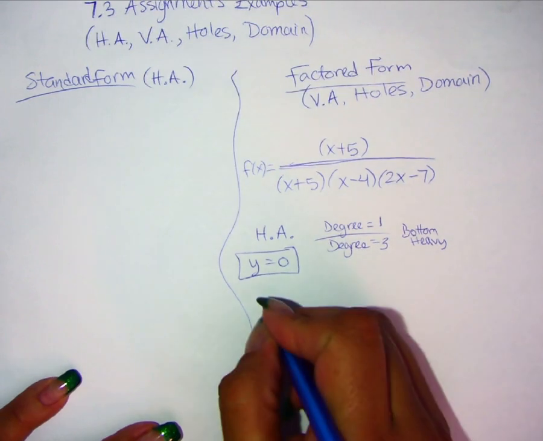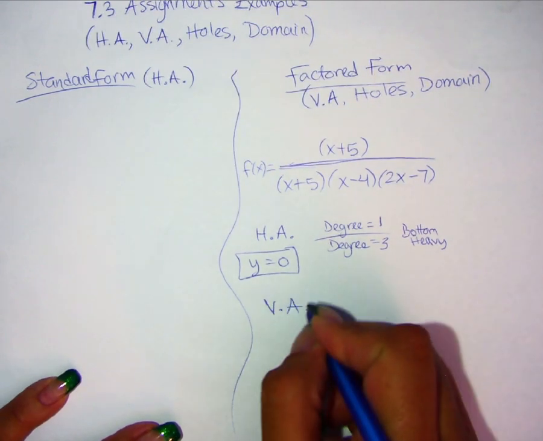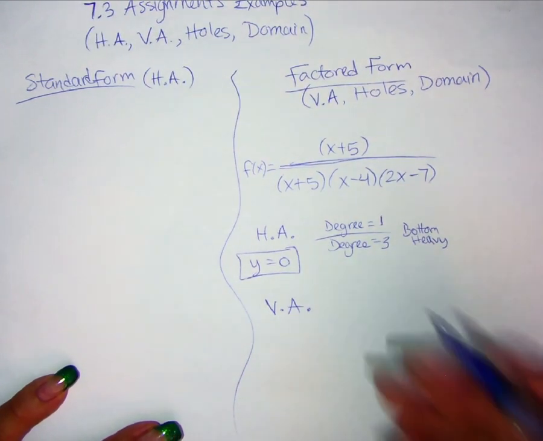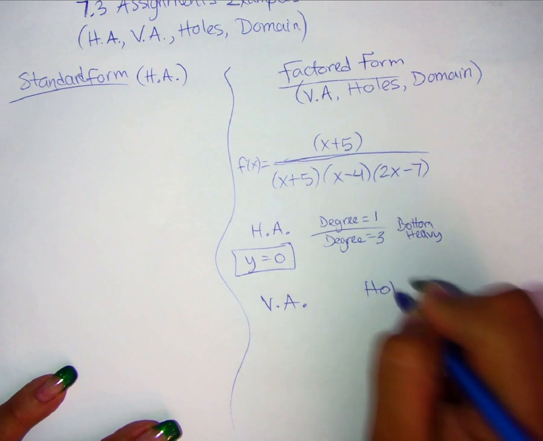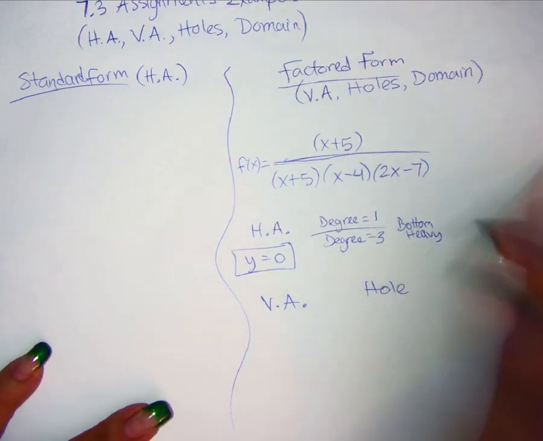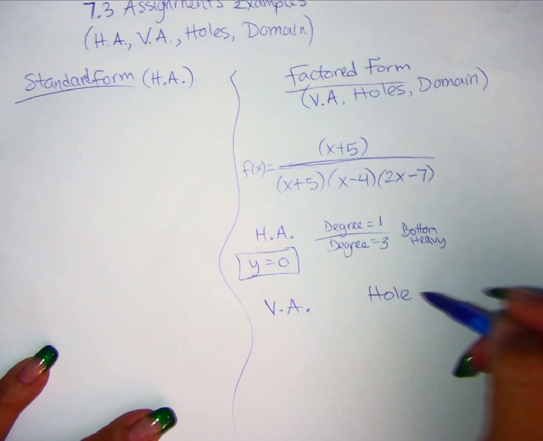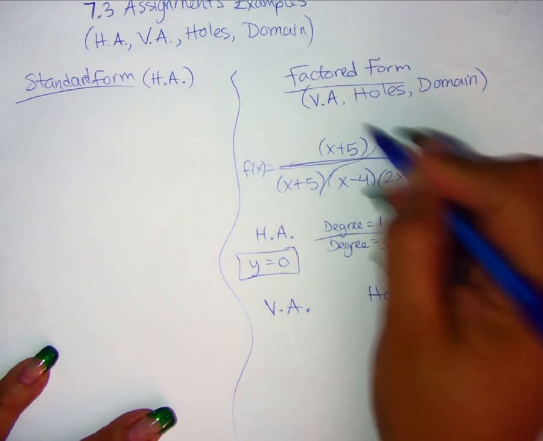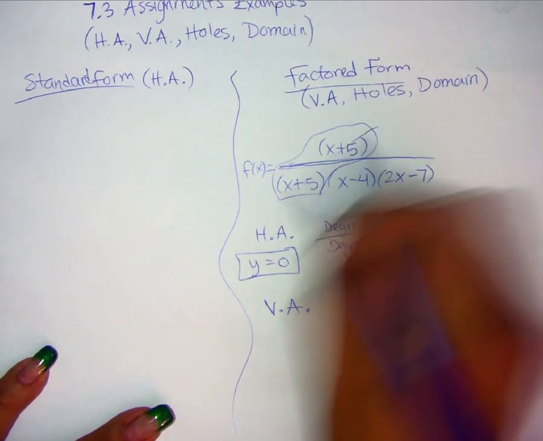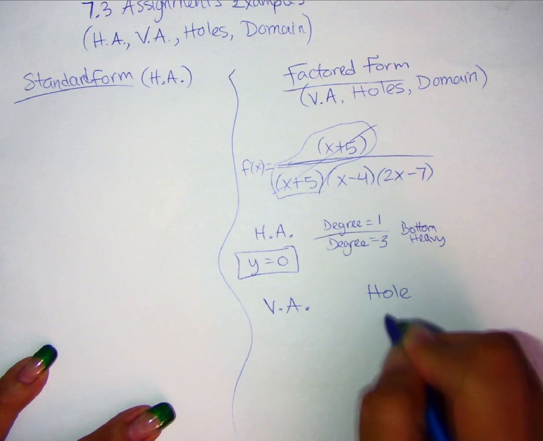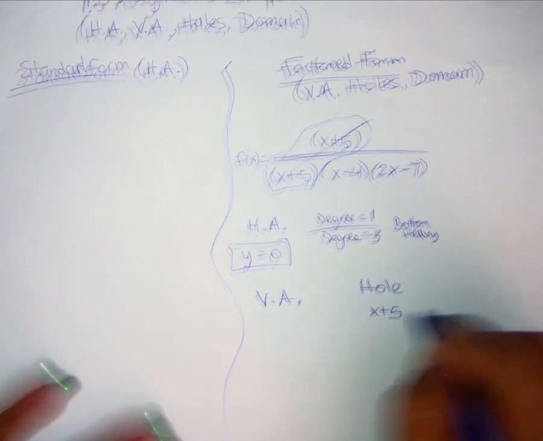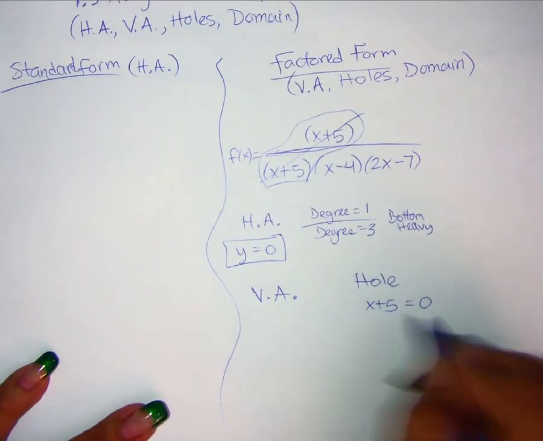Then for vertical asymptote, we would have to first find the hole to cancel out the factor we don't need. In this case, a hole is whenever you have the same factor on the top and bottom. That will give you a hole. So we're going to use x plus 5 equals 0.